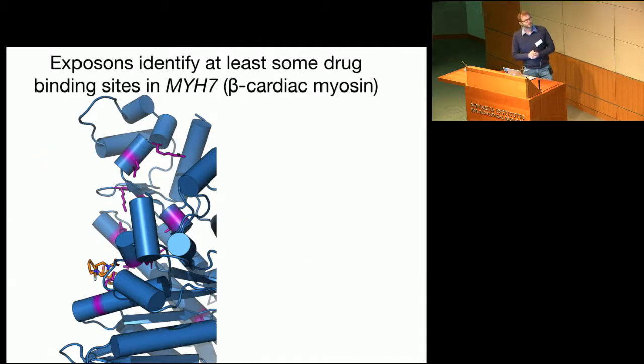As a brief tease in a completely different system, this is a little chunk of the protein myosin. It's a 700-ish residue motor protein. There's a drug here, OM, that's an allosteric activator, or at least thought to be, that's in phase 3 clinical trials right now. And you can see there's a purple exposon here that looks like it's not doing anything, right?